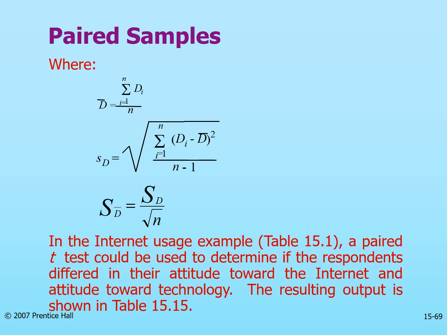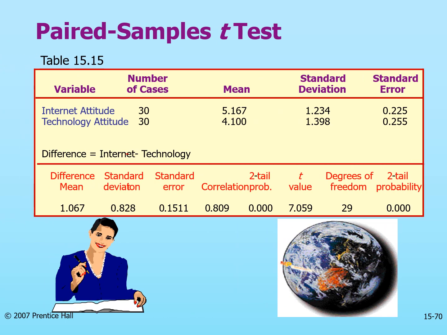In the internet usage example, table 15.1, a paired t-test could be used to determine if the respondents differed in their attitude, male and female, two samples, towards the internet and attitude towards it. And the resulting output is shown in table 15.15.